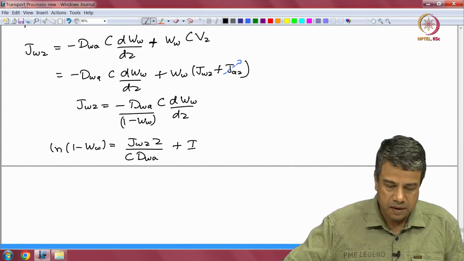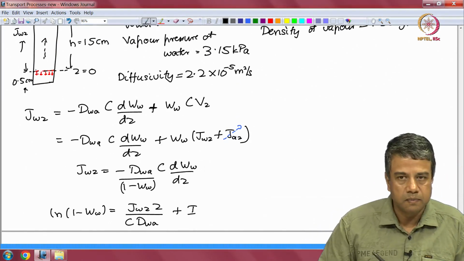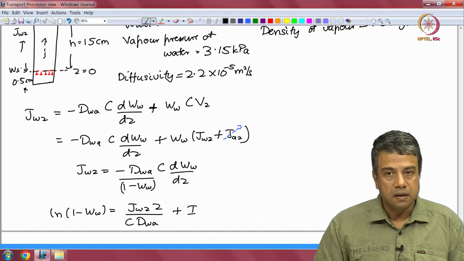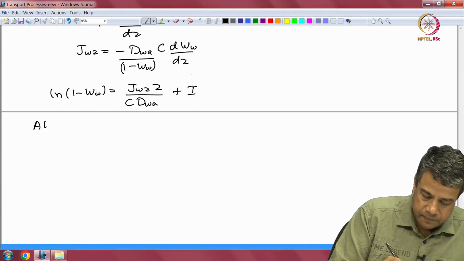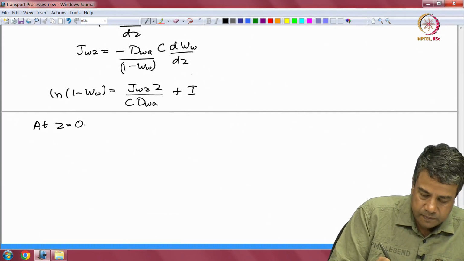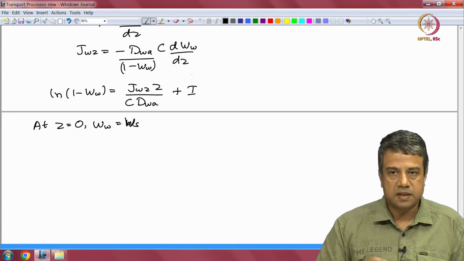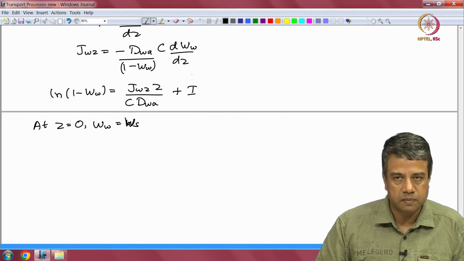Now, how do we determine the constant of integration? At the surface, the mole fraction of water has to be the saturation mole fraction due to the vapor pressure. So at Z equal to 0, WW is equal to Ws, the saturation mole fraction, which is the vapor pressure divided by the total pressure.